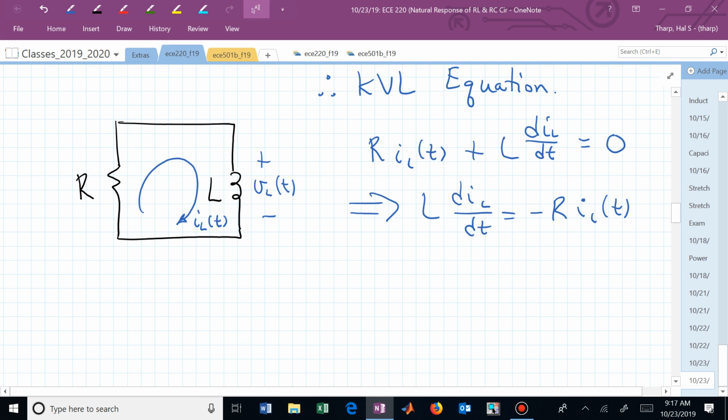And knowing that we want our equations to eventually look consistent in terms of structure, let's divide both sides by the resistance R. Now we have L over R di_L/dt is equal to minus i_L(t).